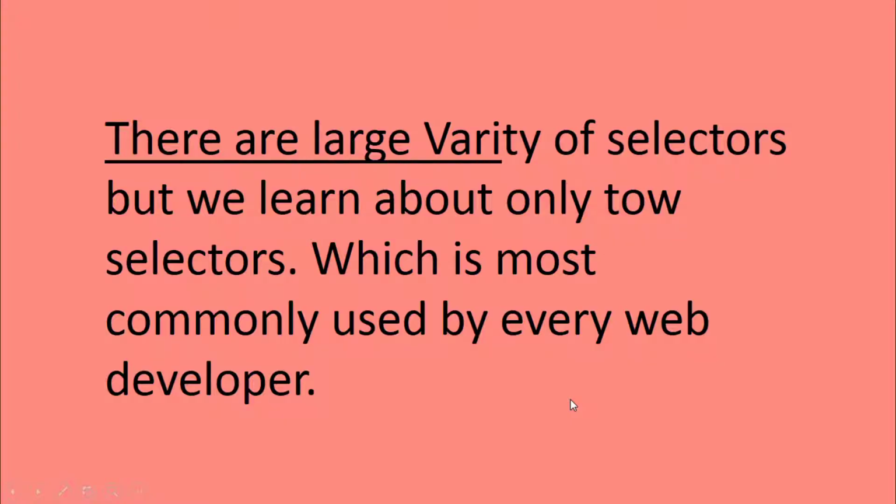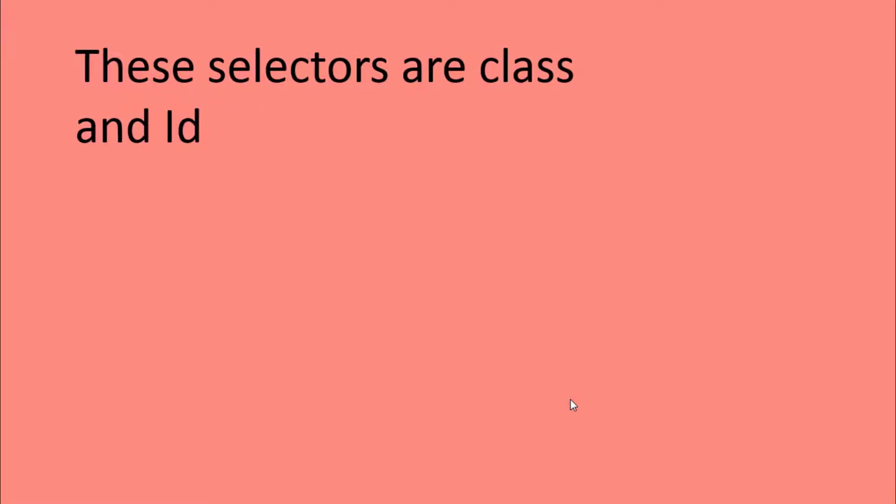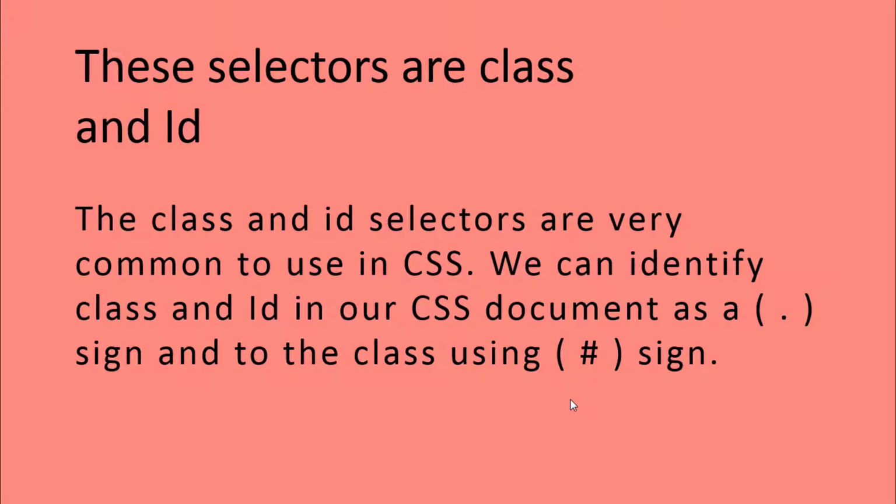There is a large variety of selectors, but we are going to learn about only two, which are the most commonly used by web developers. These selectors are class and ID.